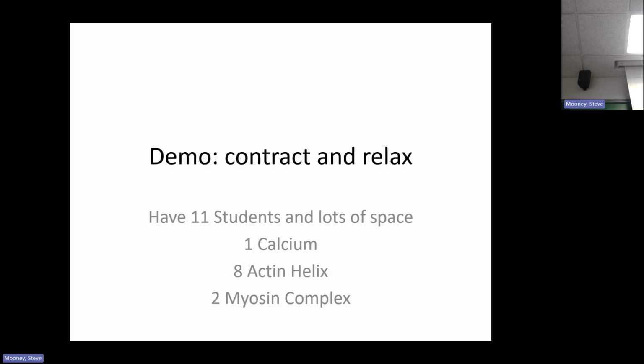Open the binding sites. So your hands, actin helix, you now have a binding site. What can we do with that binding site? We can reach across with our myosin and connect. Okay, so we're connected. You've got to keep those other sites open. So as long as we have energy, what's that myosin complex going to do?